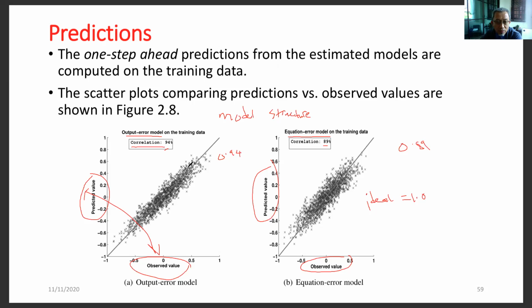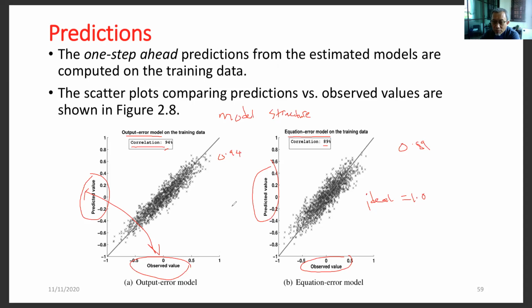By looking at both graphs, of course the output error model structure gives the best selection, by indication of the 94% correlation, because the perfect correlation is 1 or 100%.